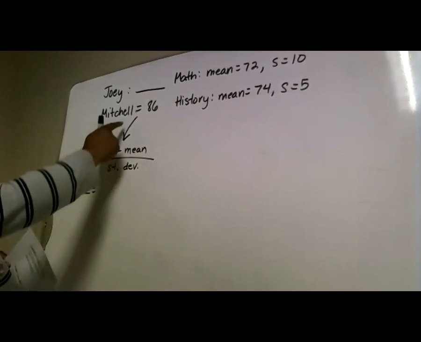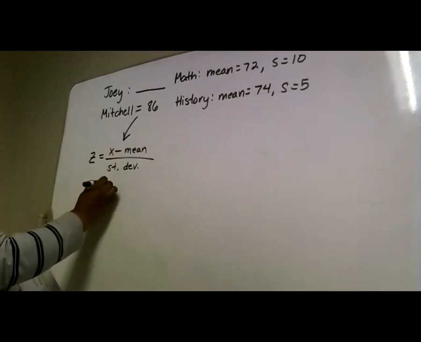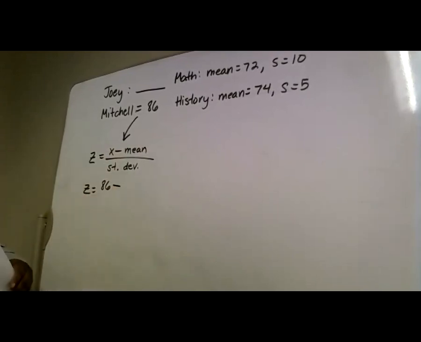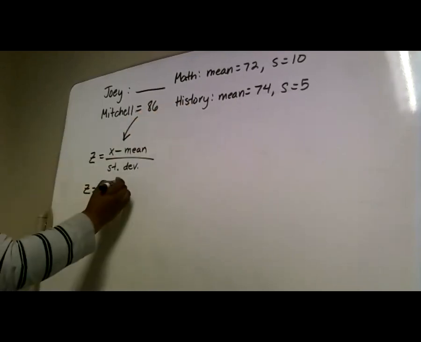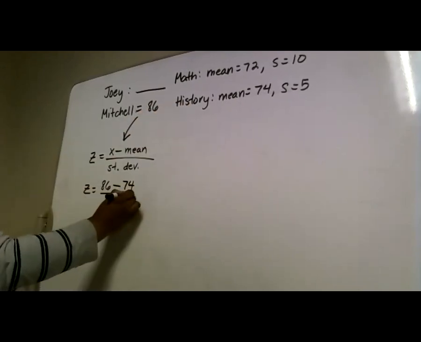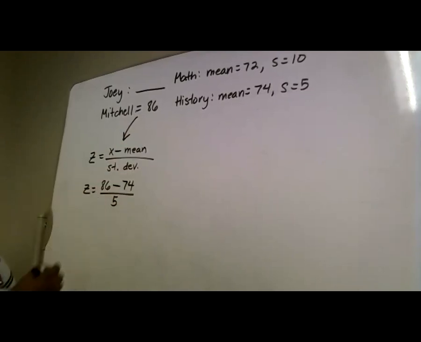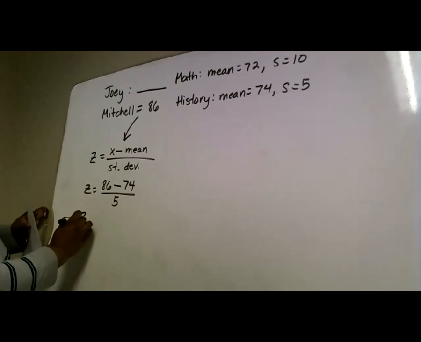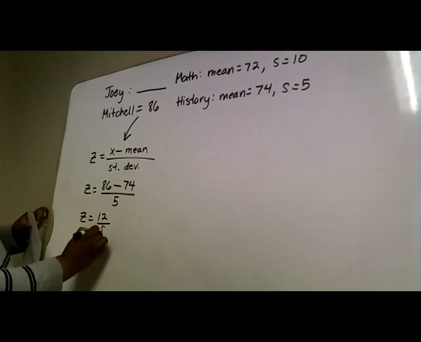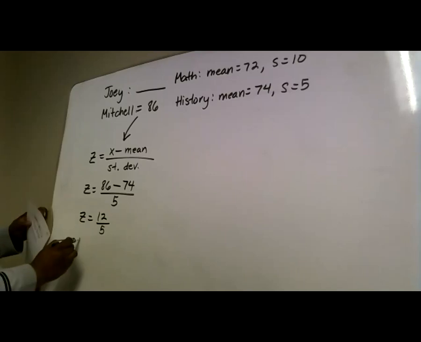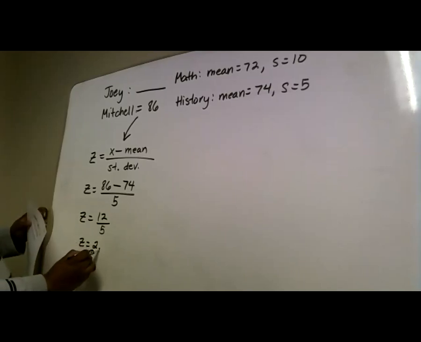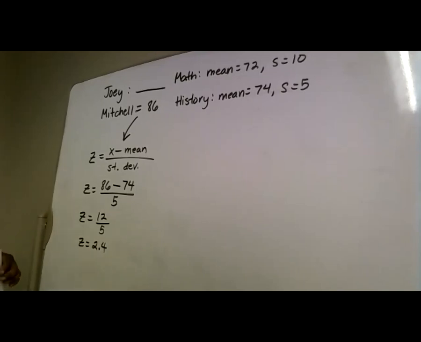So here, Mitchell's quiz score was 86 minus the mean on that history quiz, 74, divided by the standard deviation on that quiz in history, that's 5. So 86 minus 74 is 12, and 12 divided by 5 is 2.4. So using Mitchell's score of 86 on the history quiz, the z-score there would be 2.4.